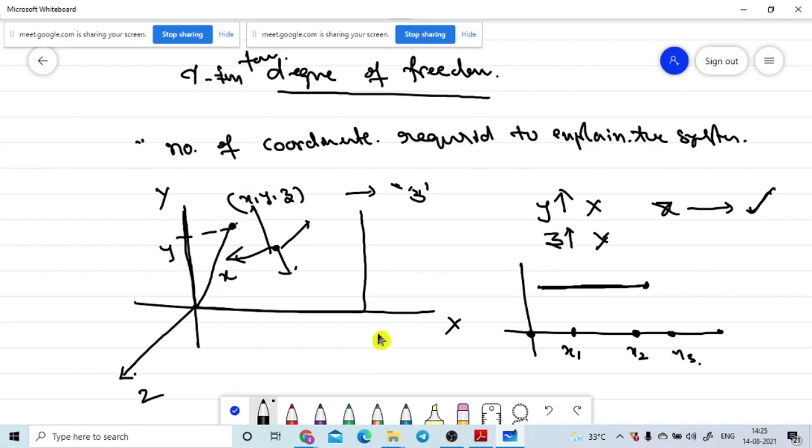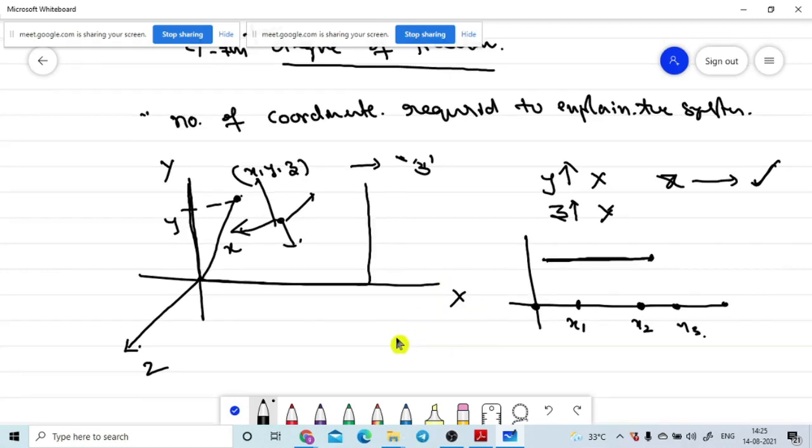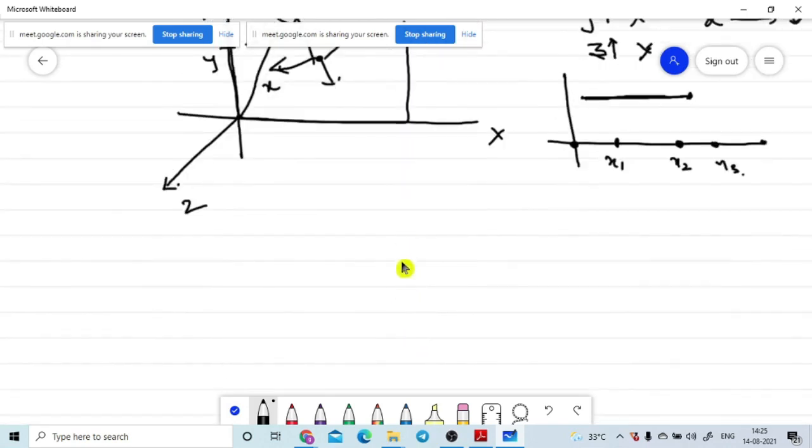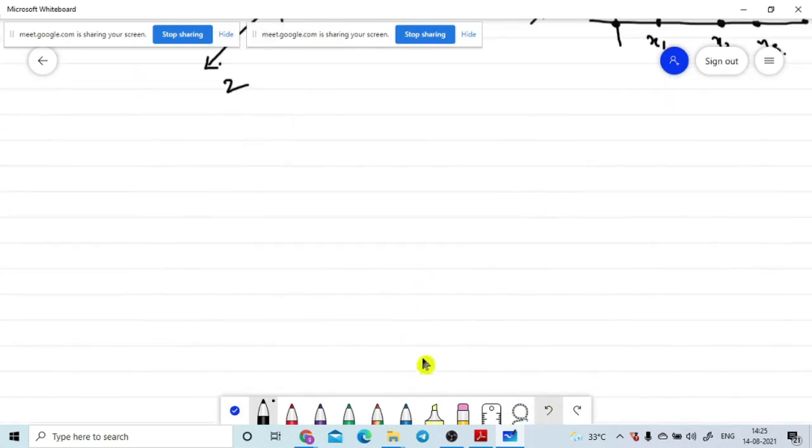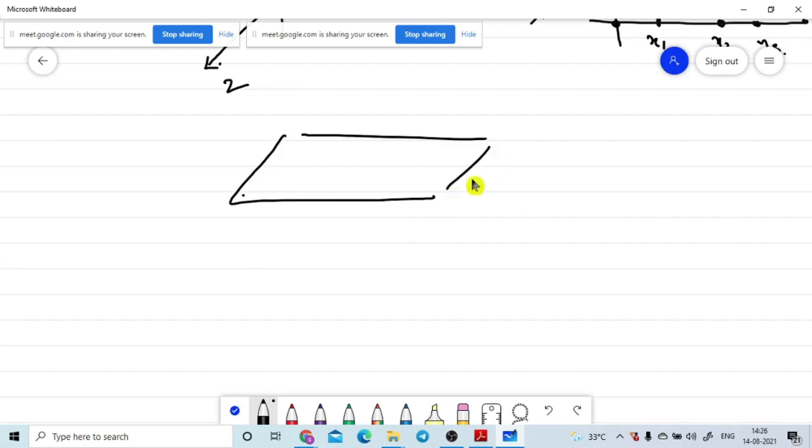Otherwise, if the particle is moving in a plane, it is a two-dimensional shape. Plane means like a board. On this board we allow it to move along the x direction and along the y direction, but we block movement along the z direction.